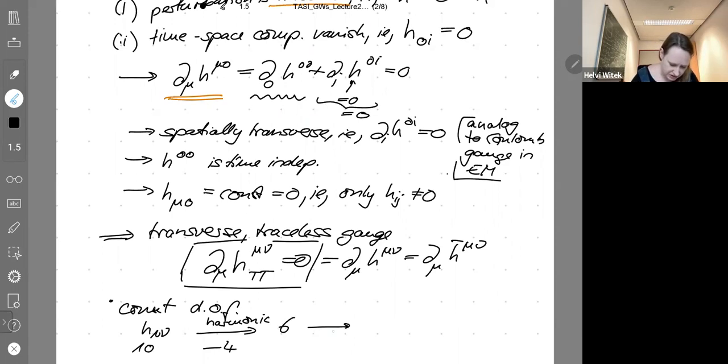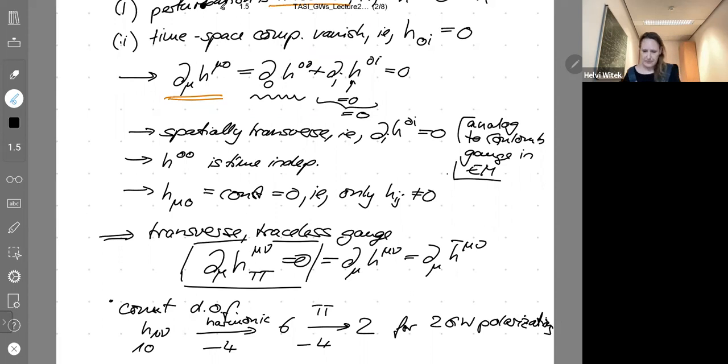And now we used this transverse traceless gauge to fix 4 more components. So we end up with 2 degrees of freedom. And the gravitational waves have 2 polarizations. Okay, very good. So that's where I wanted to arrive after the discussion of the gauges.